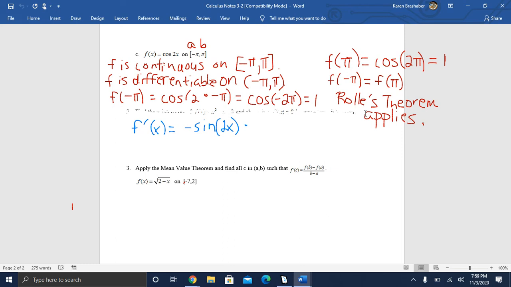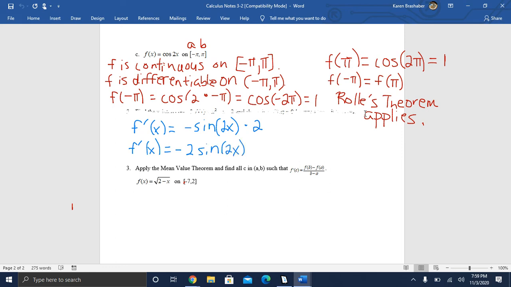And then because my angle is not just an x, then I have to do the derivative of the angle. So that would be a 2. So f prime of x is equal to negative 2 times the sine of 2x.